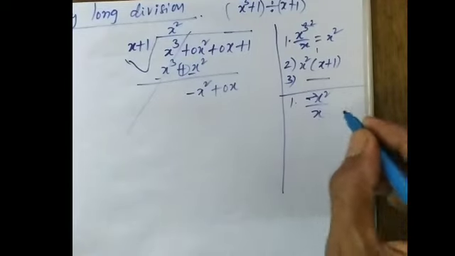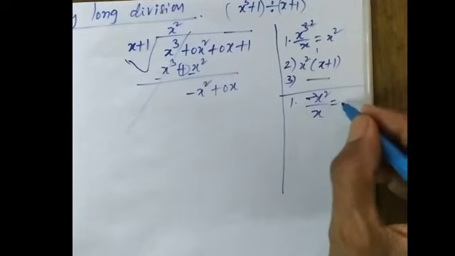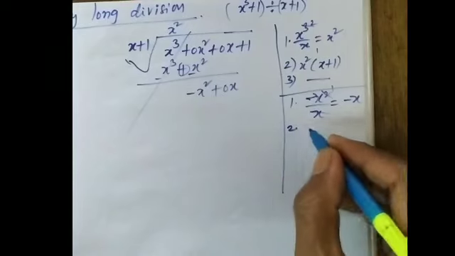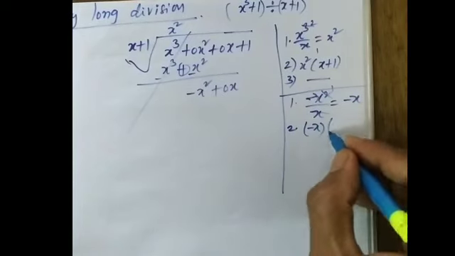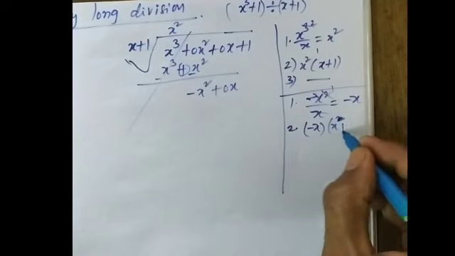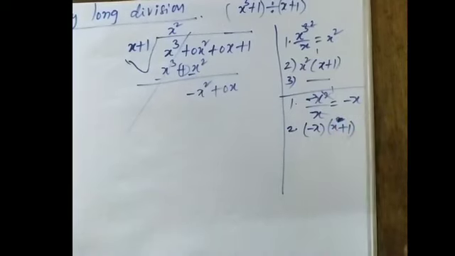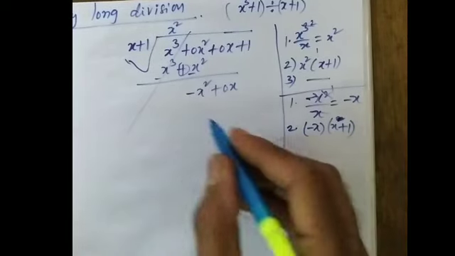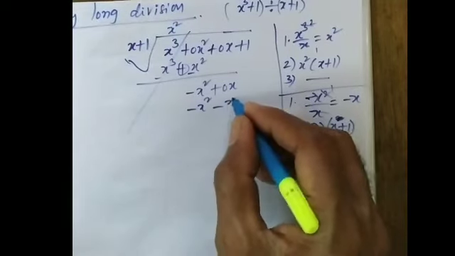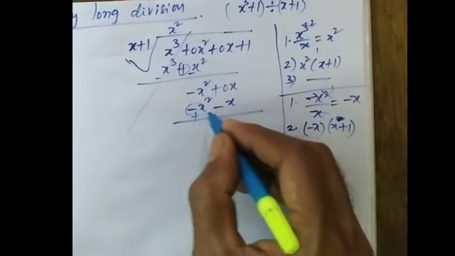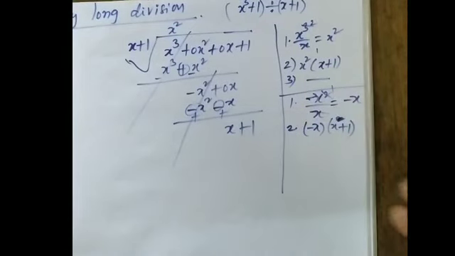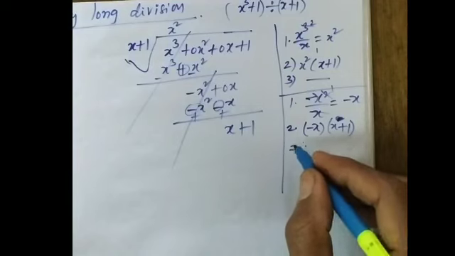Now minus x square by x, next division, gives minus x, so write minus x in the quotient part, and multiplication, minus x into x plus 1. Now subtraction, terms cancel, and bring down 1, x plus 1.